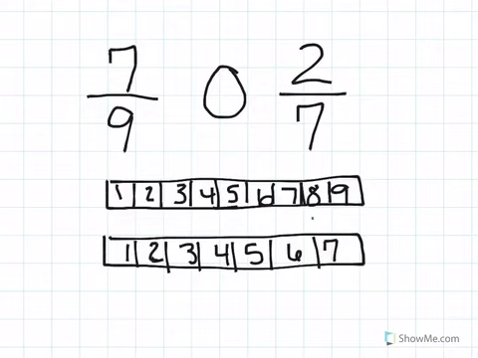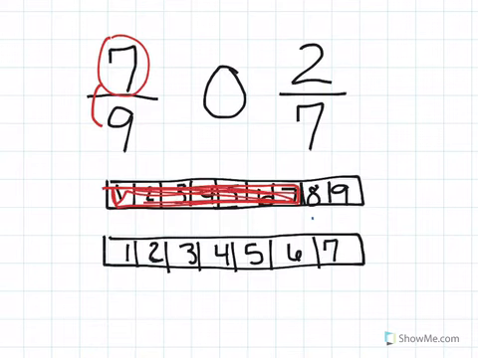Okay, now I've roughly sketched in some fraction bars here just to compare. So right away, I noticed that this 7 is close to the number 9, which means that 7 out of 9 is more than half. I can see, if I would fold this in half, that would be my half point.